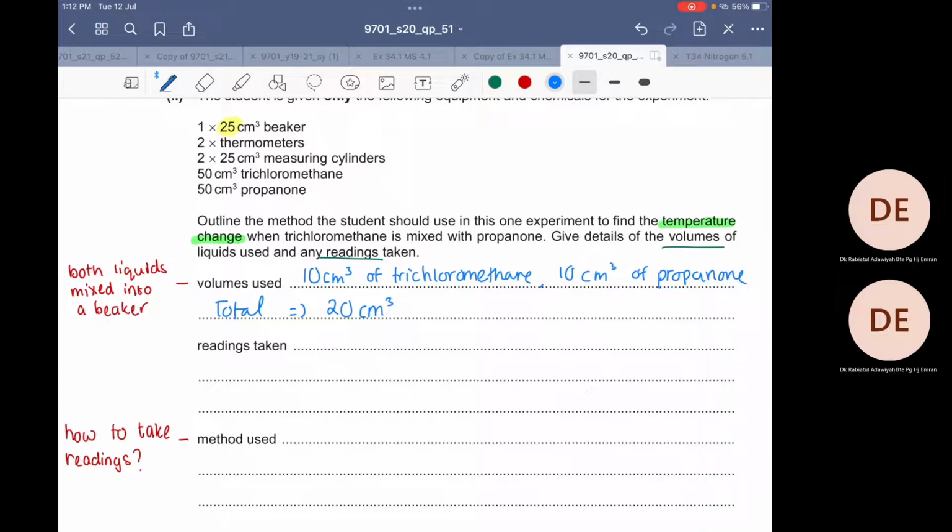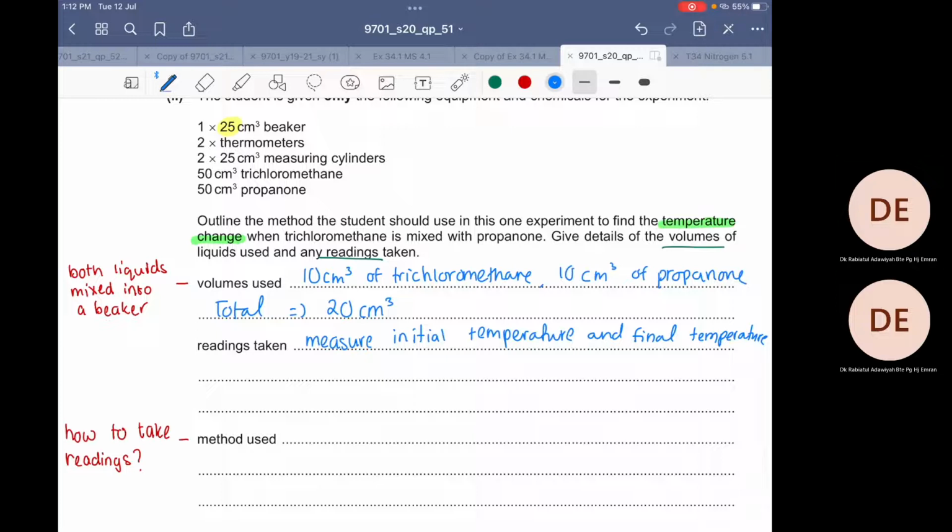Okay, so we measure initial temperature and final temperature. But usually during this experiment, we take the temperature every interval of time, okay?